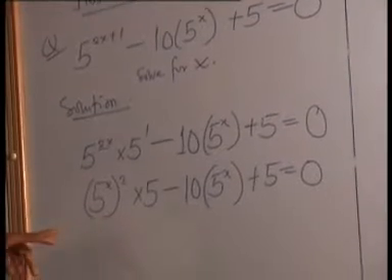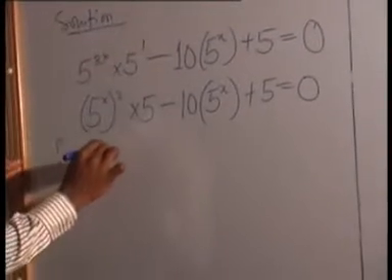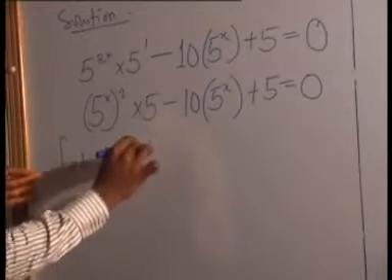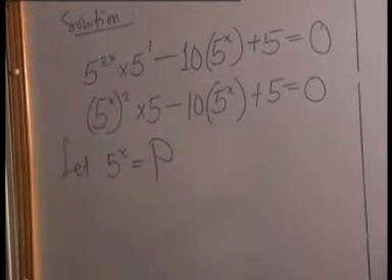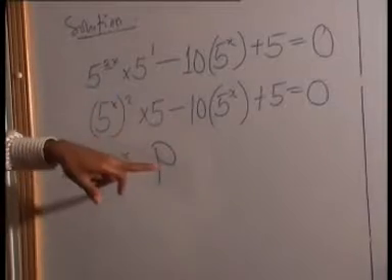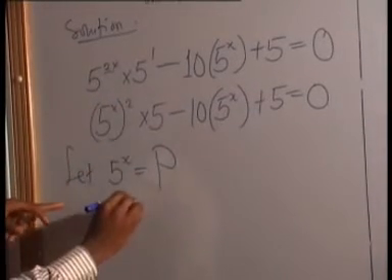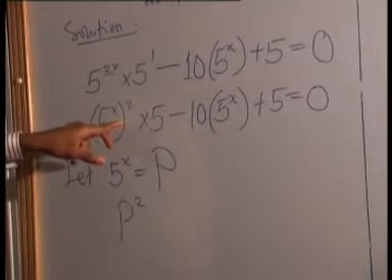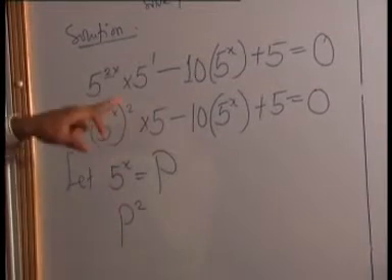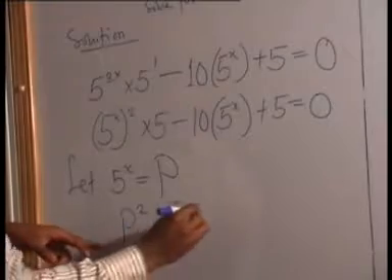Are you getting it? Let 5 raised to the power x be p, so that you're able to solve. Wherever you see 5 raised to the power x, you put p. So this one becomes p squared, times 5, which is 5p squared.